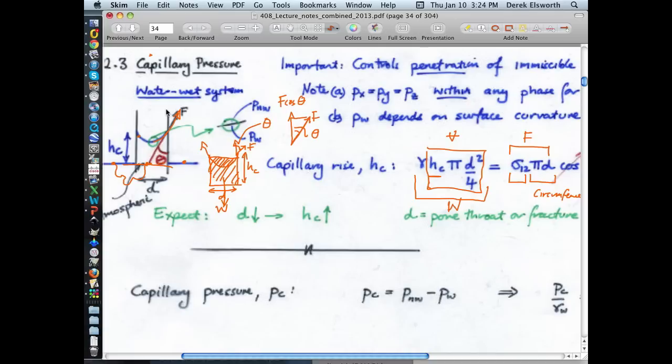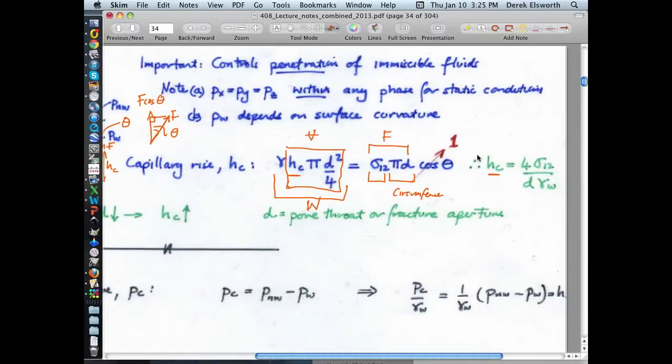But because we're resolving vertically, we want to know what the vertical component of that force is here. And it's this magnitude. I haven't drawn it very well. So it's just this force times cosine theta. It's just the component of this force vertically, if this is a right angle here that intercepts this. Okay?